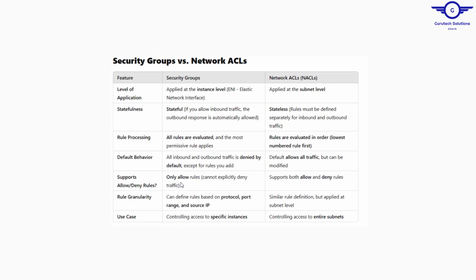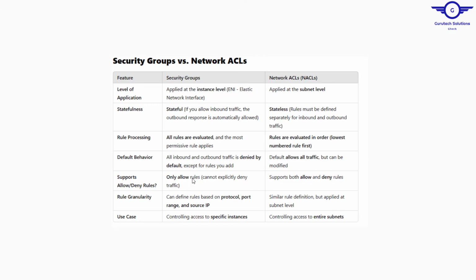The third from last one: only allow rules apply. There are no deny rules in security groups, but NACLs have both allow and deny rules. In security groups, you can only set allow rules. The one that you allow is the one that will be allowed, and the one that you don't allow will be denied.